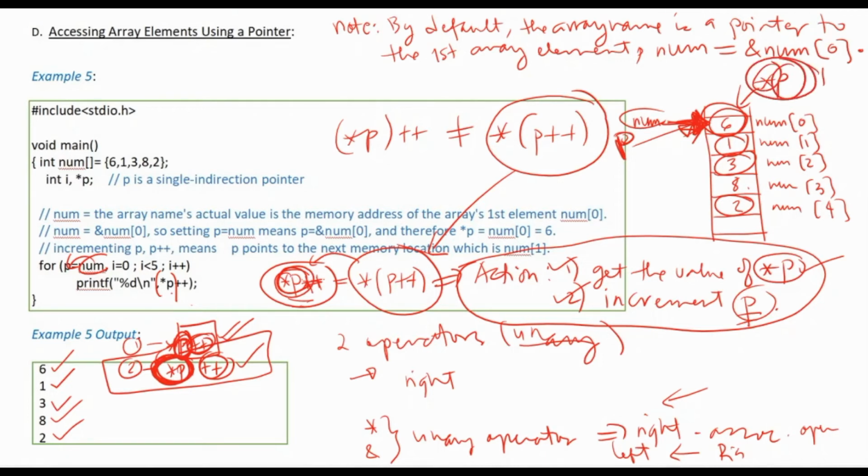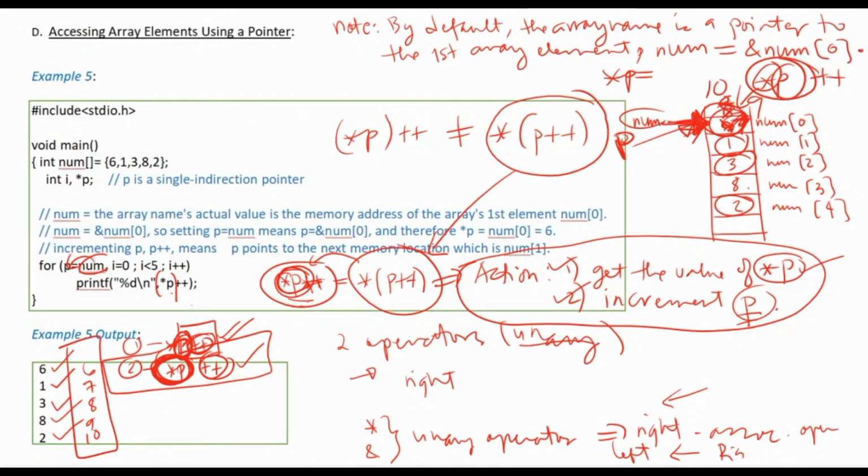On the second iteration, this becomes 7. The third iteration, this becomes 8. On the fourth iteration, this becomes 9. On the fifth iteration, this becomes 10. So the value asterisk p would proceed from 6, 7, 8, 9, 10. This will become the output of the program.